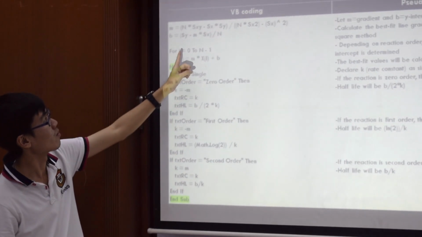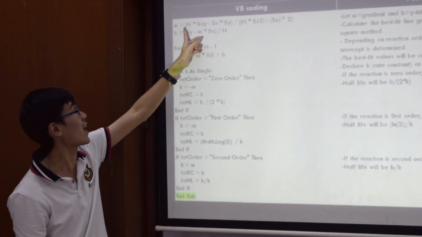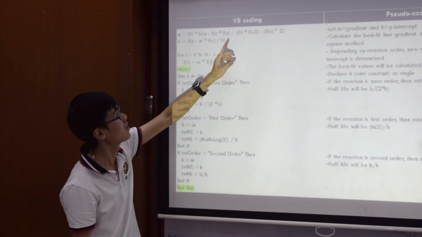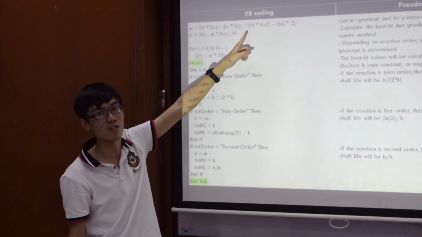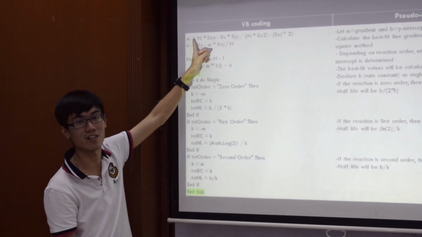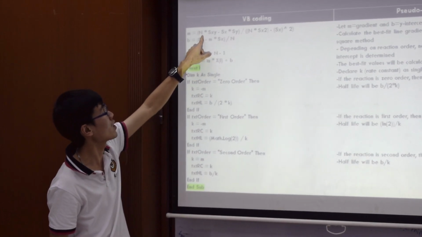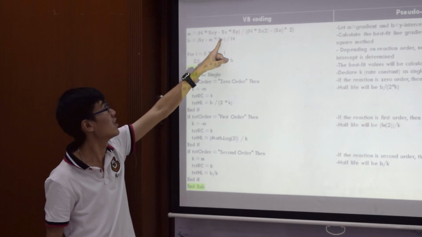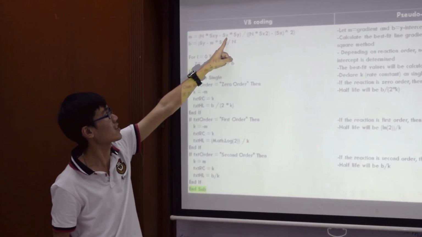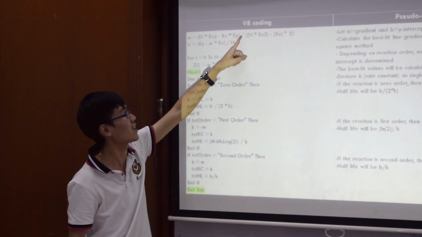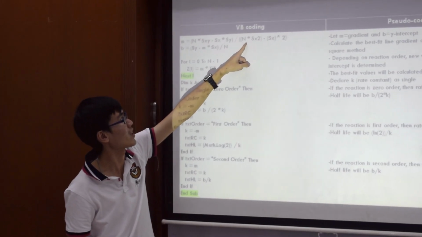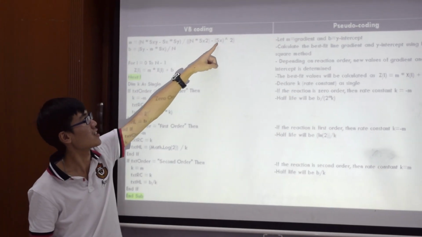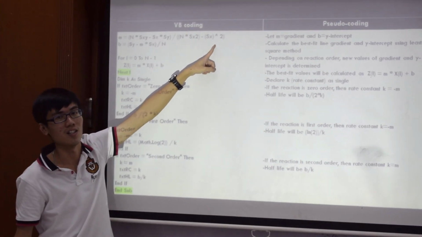Okay, then we will find the gradient and the y-intercept of the graph using the least square method. This is the formula of the least square method. To find the gradient, we have the number of data times the sum of x times y, minus the sum of x times the sum of y, then divided by the number of data times the sum of x squared minus the square of the sum of x.